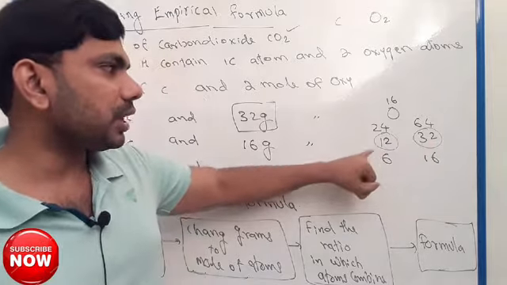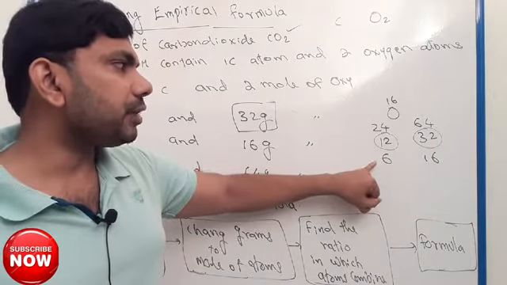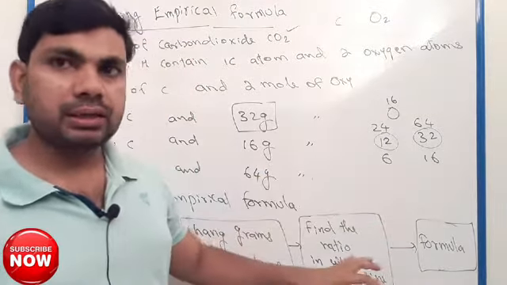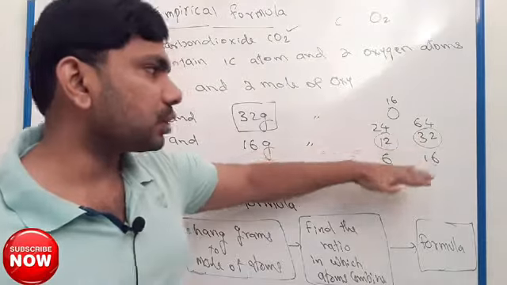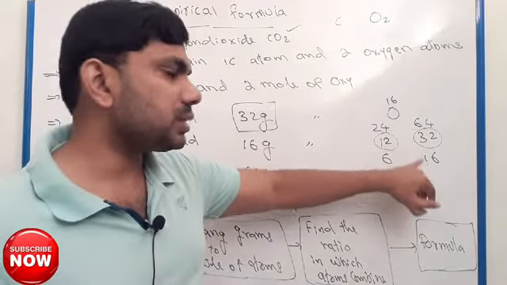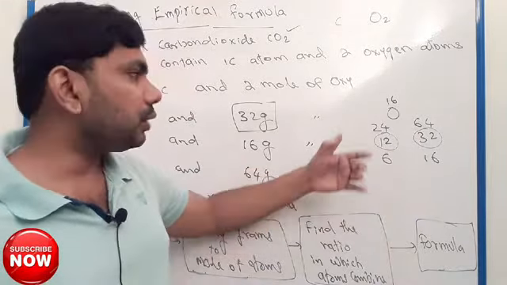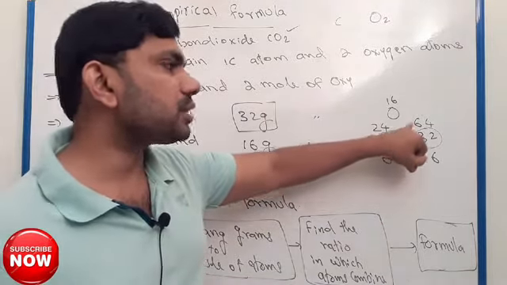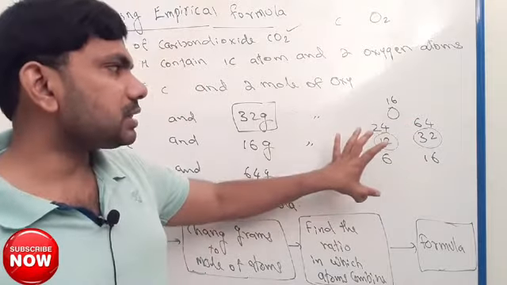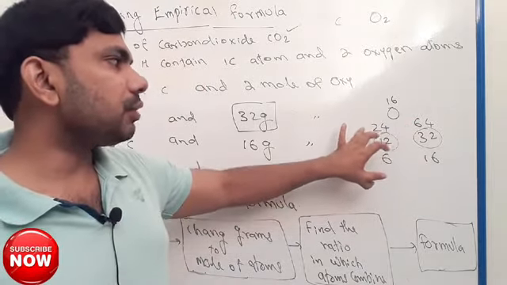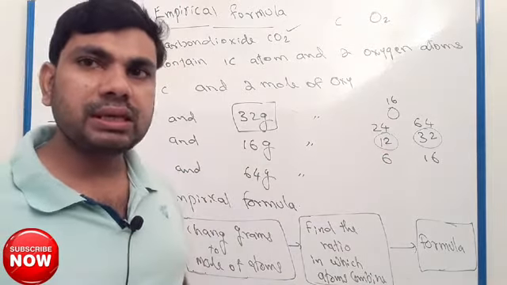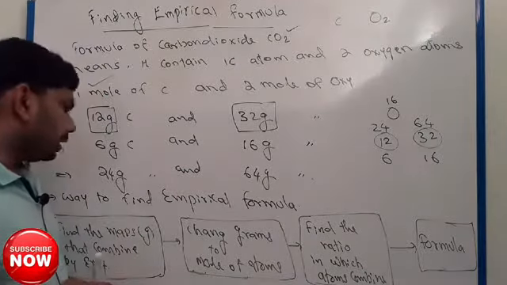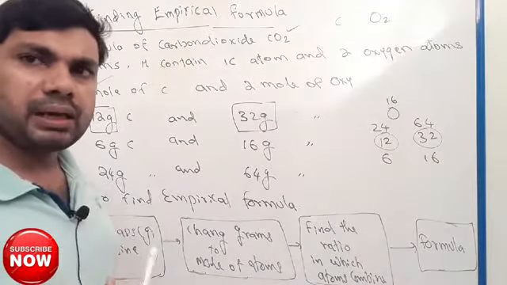Using this ratio you can say 6 gram carbon reacts with 16 gram oxygen, you just halve both: 12 to 6, 32 to 16. Or you can double this: 12 times 2 is 24, 32 times 2 is 64. So 24 gram carbon reacts with 64 gram oxygen. Clear?